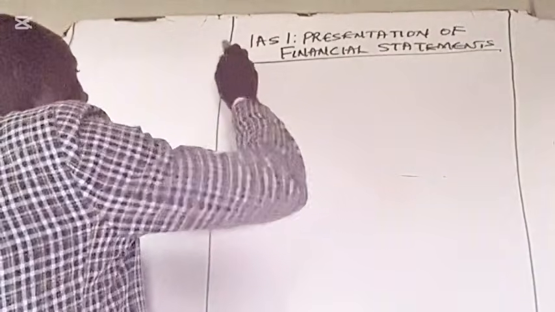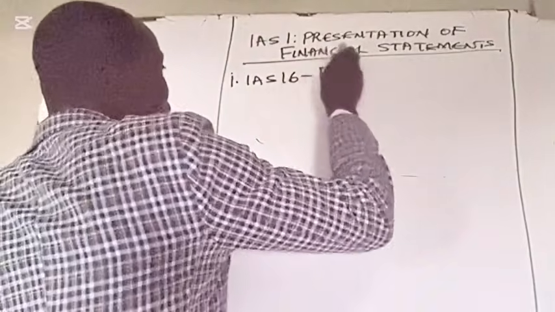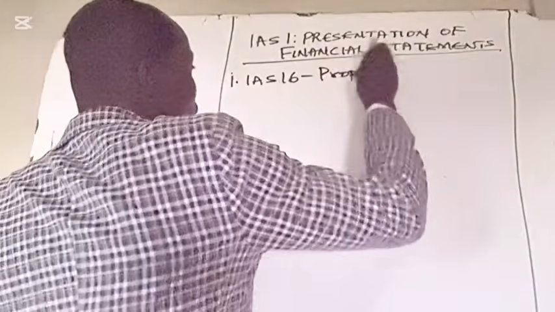Number one, we have IAS 16, property, plant and equipment.